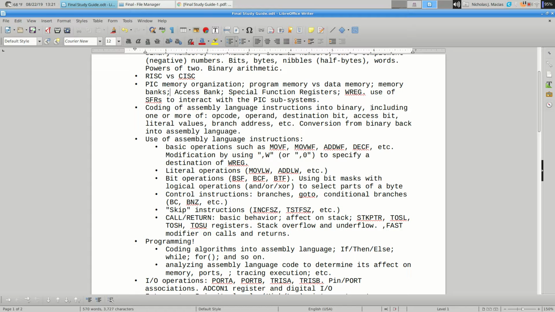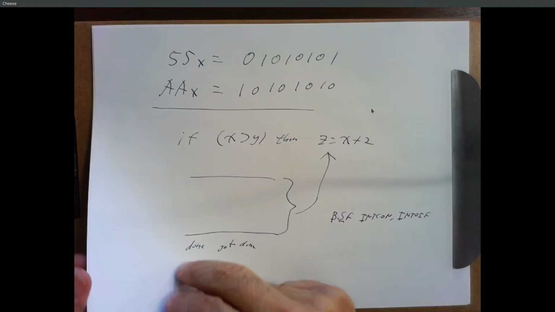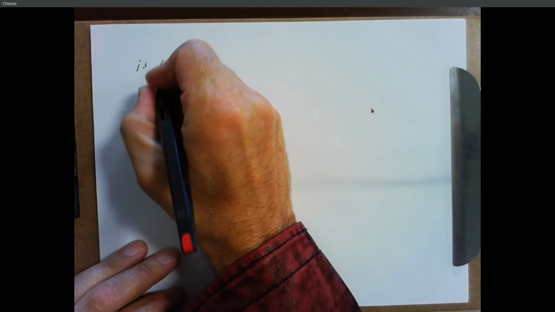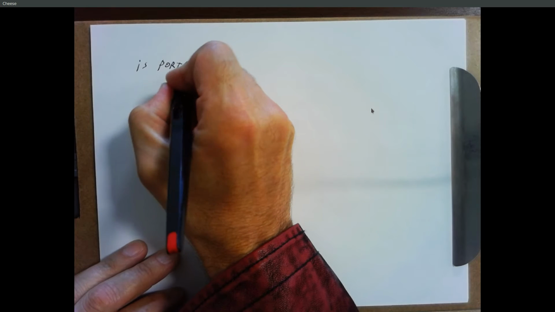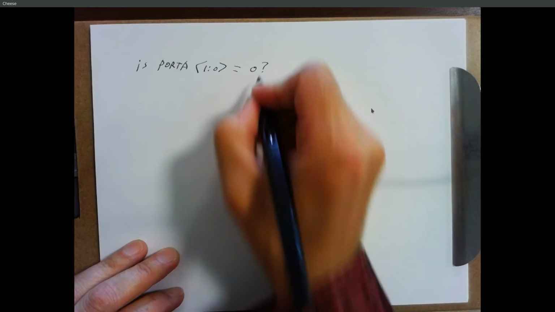So we've got bit operations. We've talked about bit masks. If you want to work with a piece of a number, it's sometimes useful to take the other pieces of it and turn them into zeros, typically. So let's say we have a system where we want to know: is port A bits 1 through 0 equal to 0?